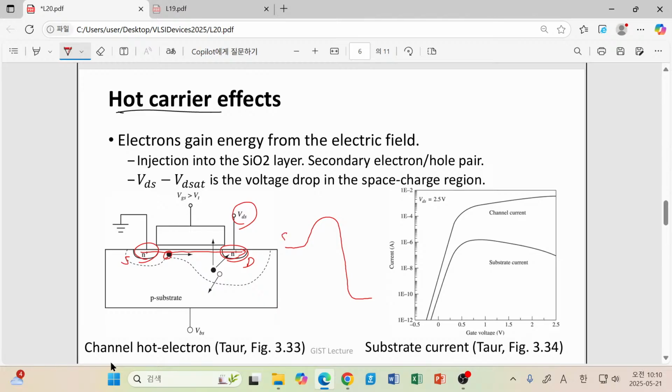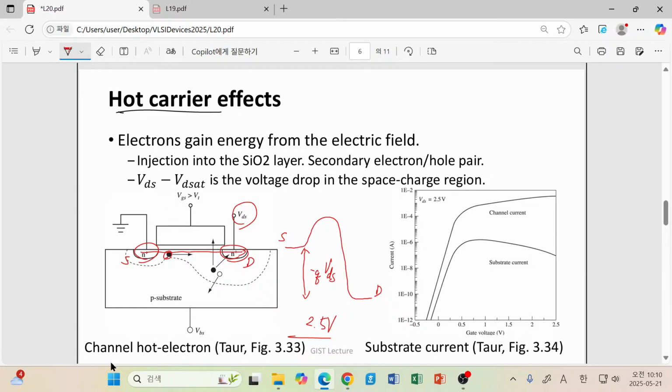This is the source and this is the drain, and this energy difference corresponds to minus Q times our drain-source voltage. For example, if we apply 1 volt, then we have a 1 eV difference between source and drain. If we apply 2.5 volts to our drain, then there is a 2.5 eV difference.